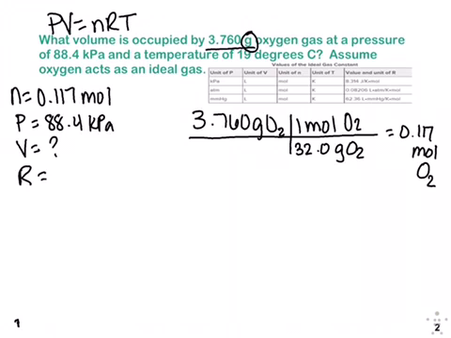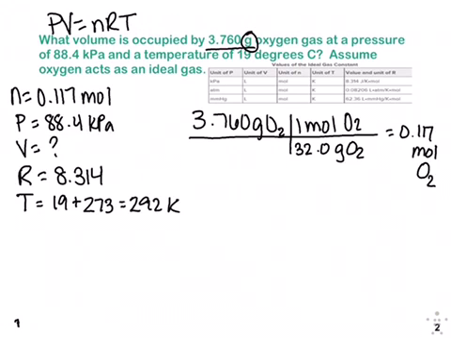Are we going to use the 8.31, the 0.08206, or the 62.36? Good, 8.314. And then lastly, our temperature is 19 degrees Celsius, but we have to convert that to Kelvin, and you do so by adding 273, and that is 292 Kelvin.